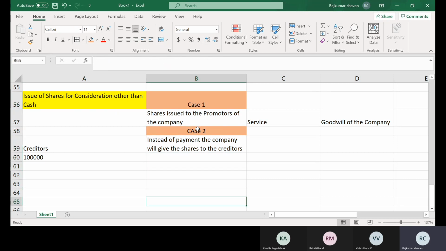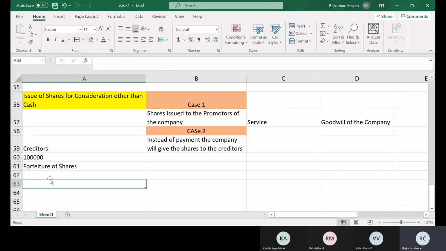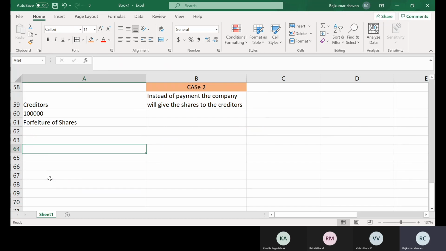Next, let us discuss forfeiture of shares. What do you understand by the word forfeiture of shares? What is forfeiture? Reissue of shares is the step they take after forfeiture.